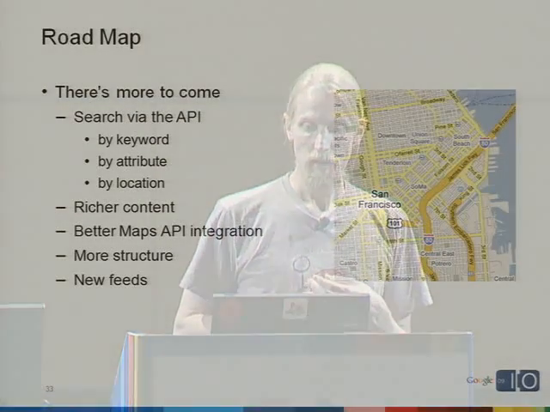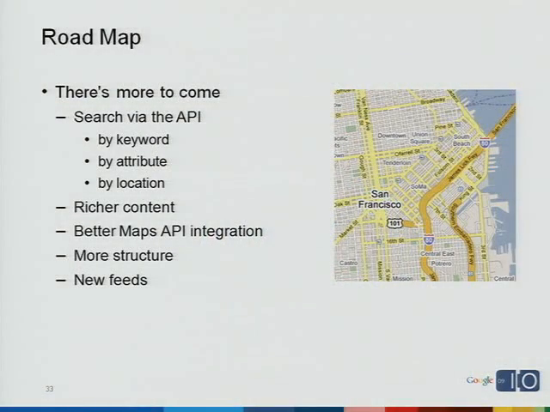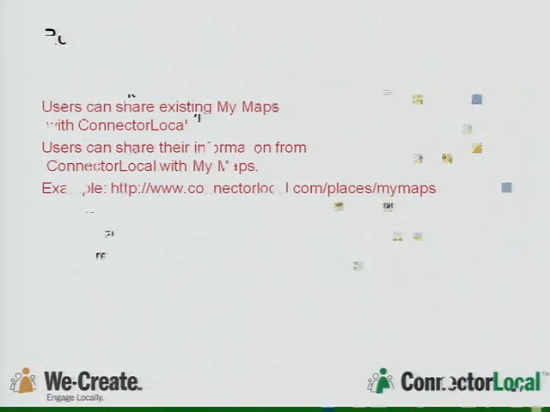All this stuff is searchable, but it's not right now searchable through the data API. We're working on richer content, better integration with the Maps JavaScript API, and new kinds of feeds are in the works. So that's it.